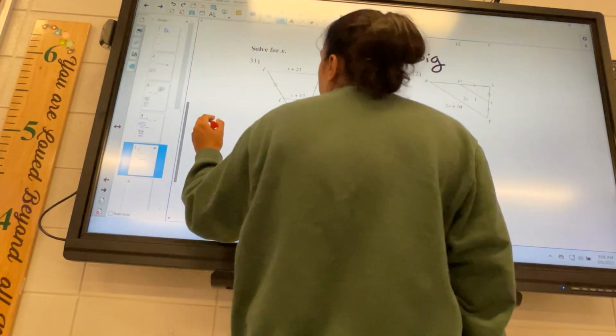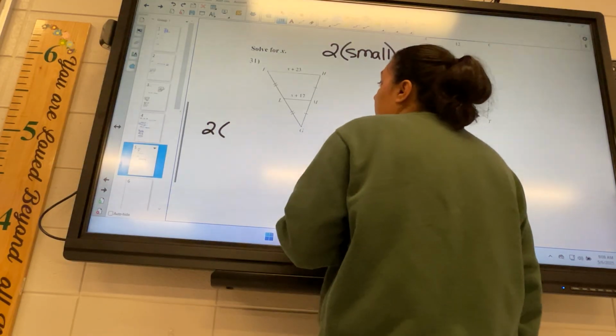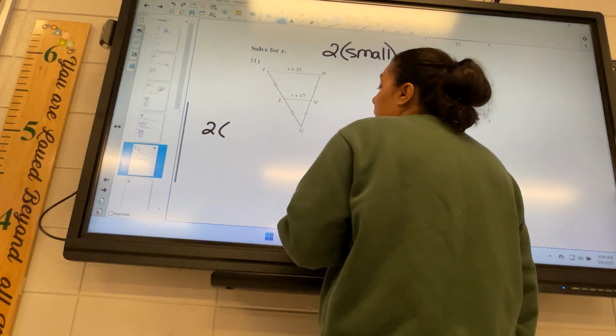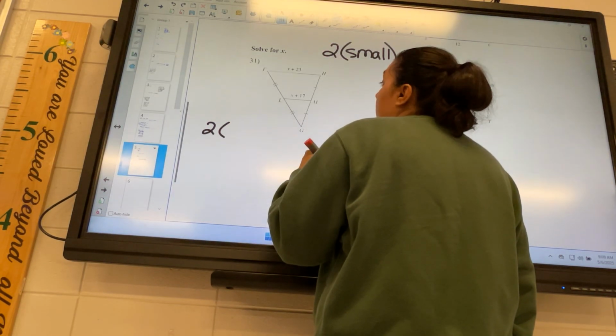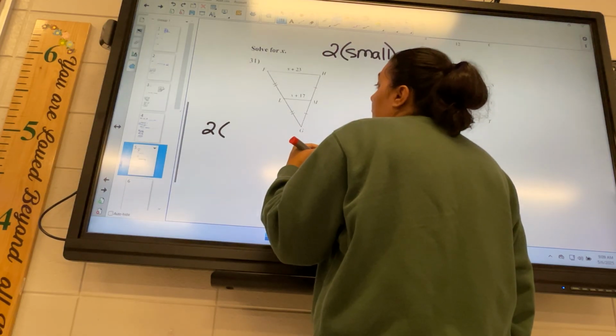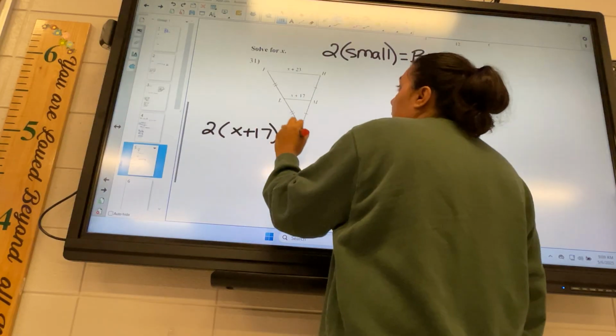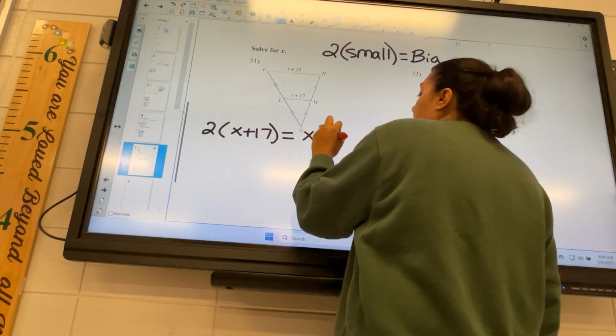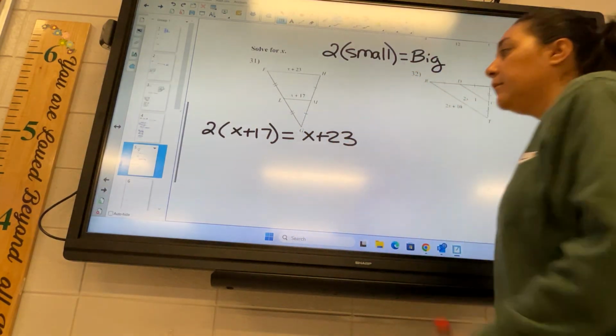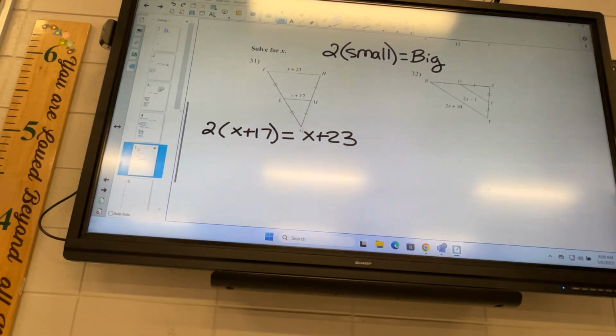So it's going to look like 2 times, what's my small one? Your small one is X plus 17. X plus 17, good. What's my big one? 20X plus 23. Okay, what do we do next?